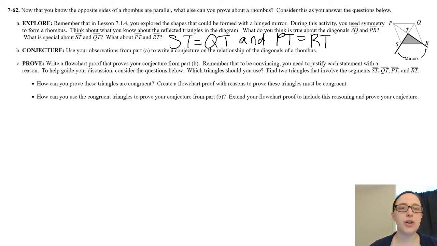Write a flowchart proof that proves your conjecture from part B. Remember that to be convincing, you need to justify each statement with a reason. The triangles that we are going to use are the top and the bottom triangles. We just can't pick the triangles that are side by side because they are missing out on at least one of the other diagonals.